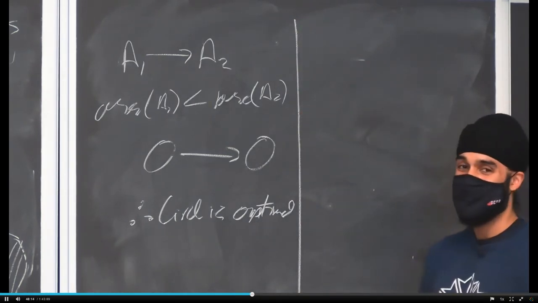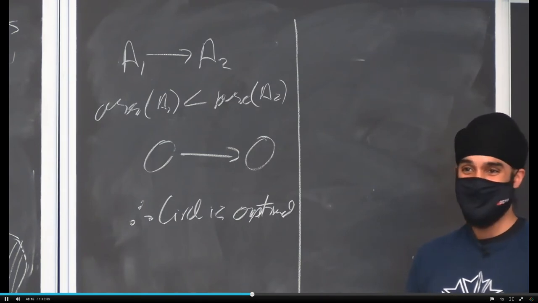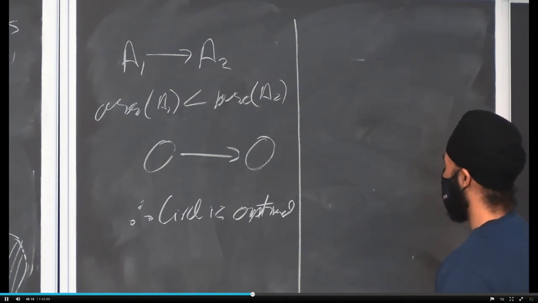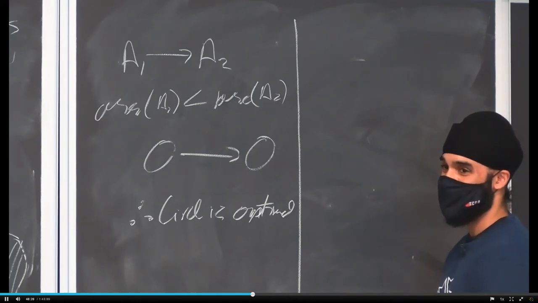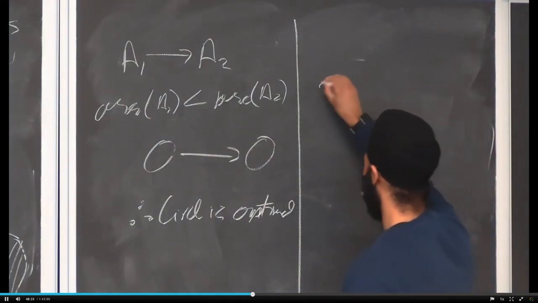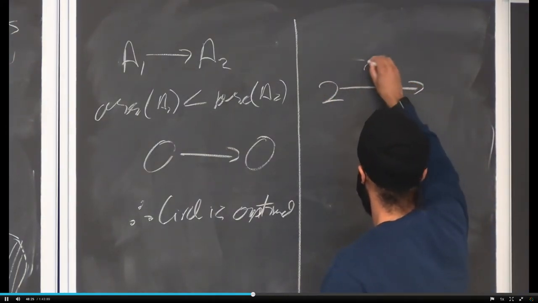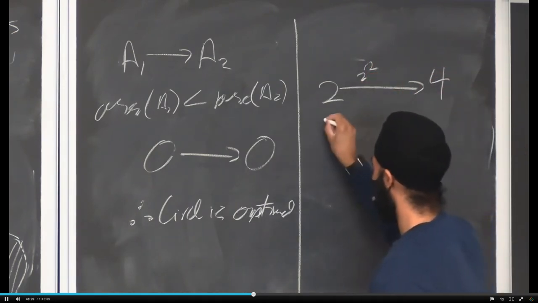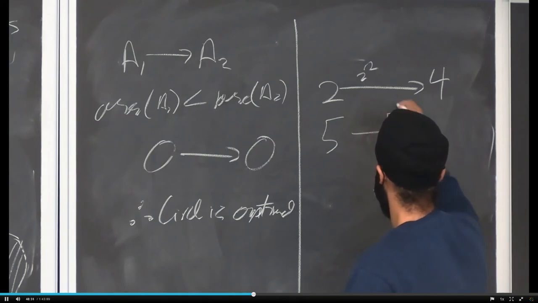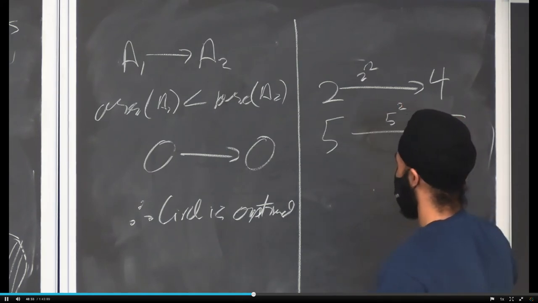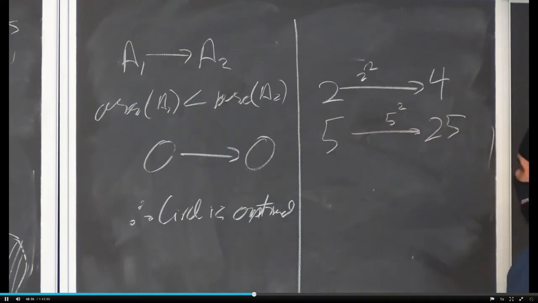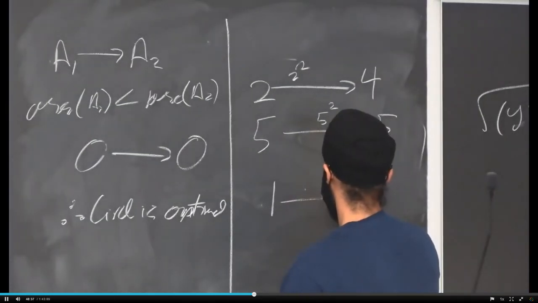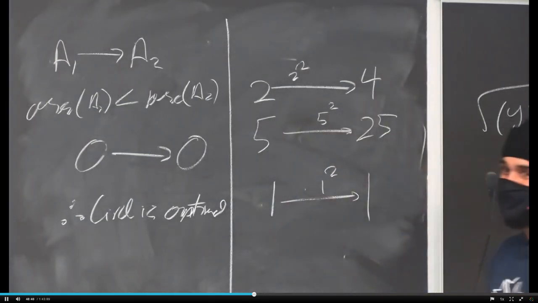The joke somebody made, I found it funny. They were saying we're going to find the largest integer. So if I give you any integer which is not a 1, for example, you give me 2, I can optimize it by squaring it. If you give me 5, I can optimize it by squaring it. So definitely I can optimize it. You give me a 1, I square it, it's still the same number.